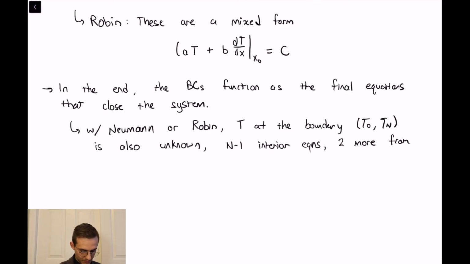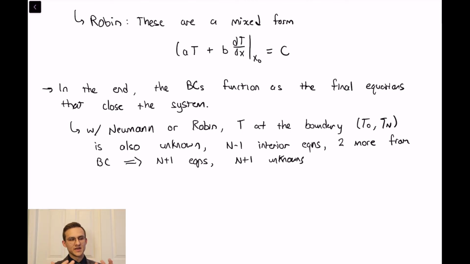Therefore we have n+1 equations and n+1 unknowns. But in practice, usually what we do is fold those boundary condition equations back into the first and last interior equations to maintain the advantageous matrix structure.